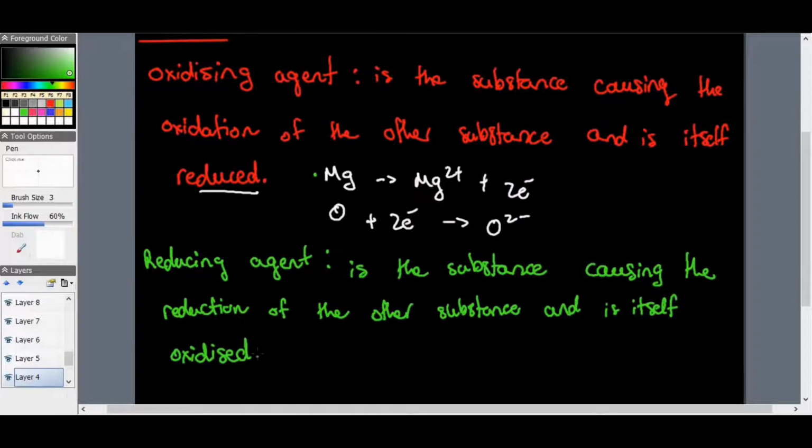So those are the definitions, the difference between the 2.